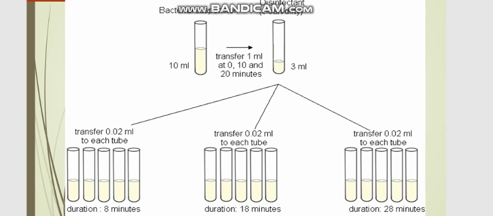After 8 minutes, like you can see here in the first one, there are 5 test tubes. We will transfer 0.02 ml of the sample, in which there is 3 ml of test disinfectant and 1 ml of microbial cells, into the different test tubes.